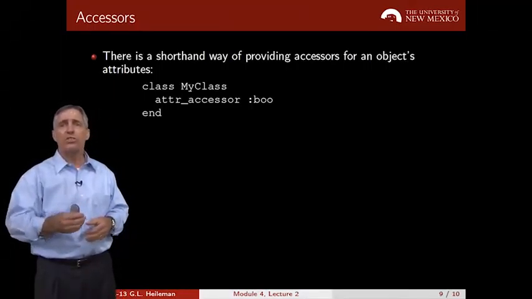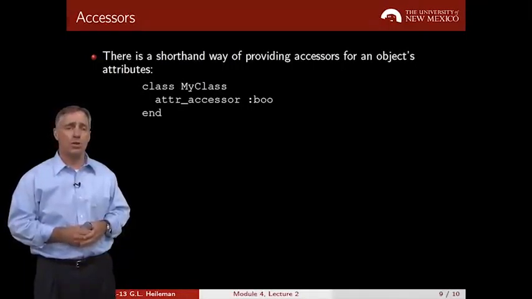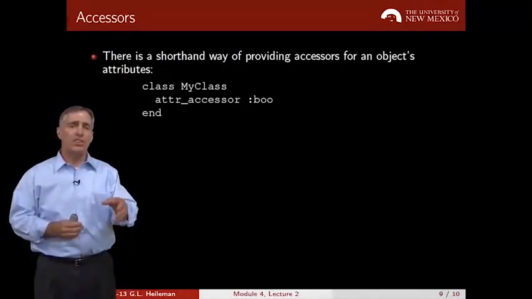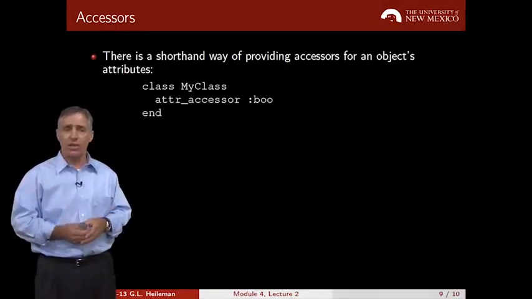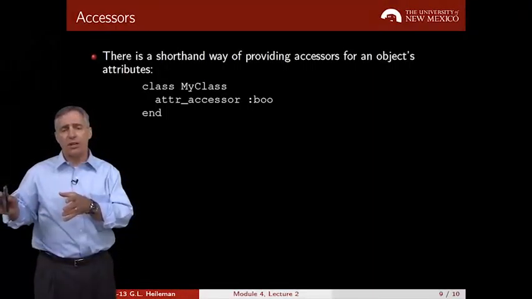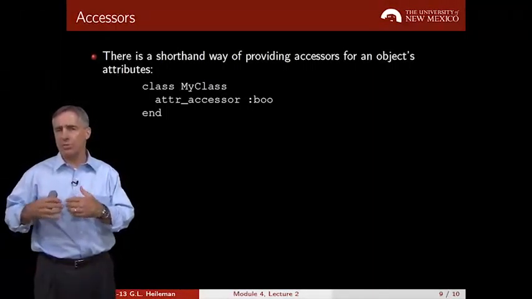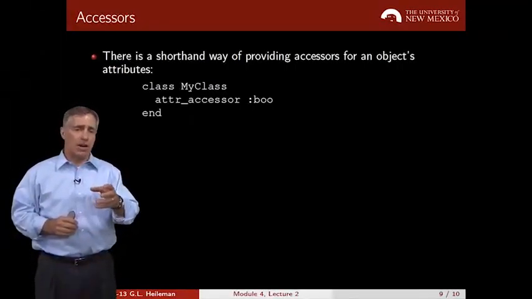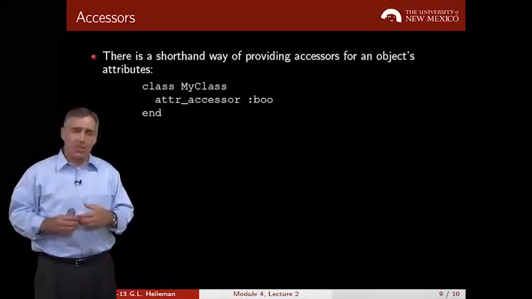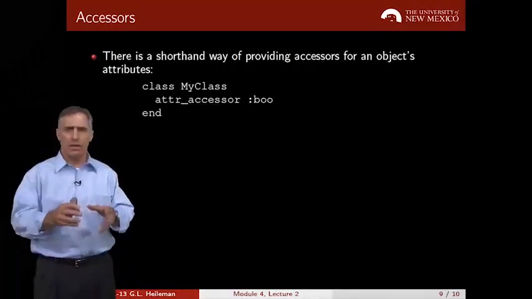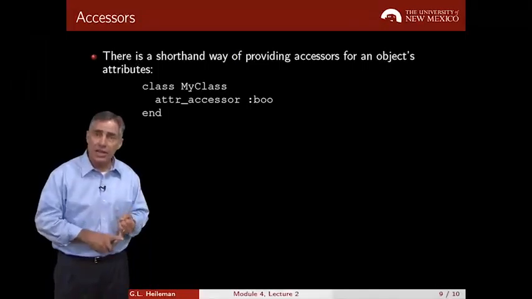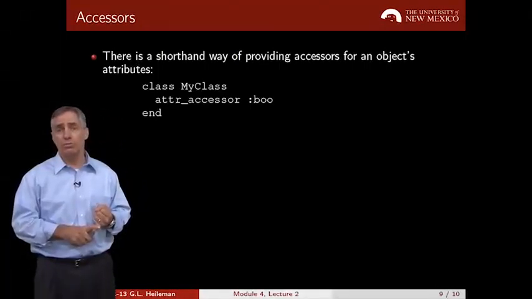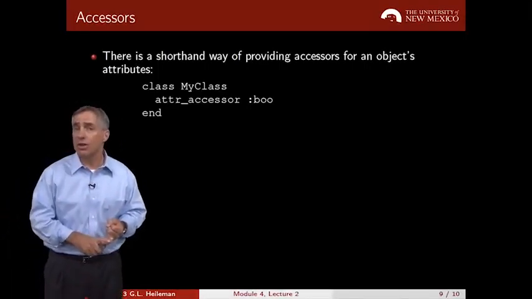So for that reason, there's a shorthand way of doing that in Ruby. You just type attr_accessor, and then you provide :boo, which turns out to be something called a symbol that we'll study a little bit later. If you simply provide attr_accessor, attribute accessor in other words, and use boo, it'll create the instance variable called boo, and it'll create the getter and setter methods as well.